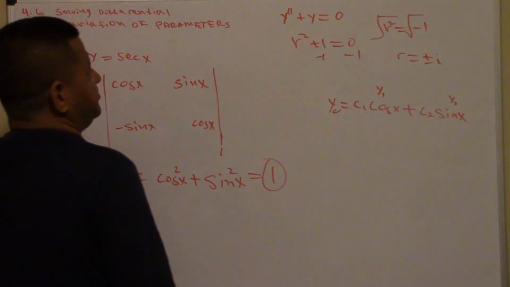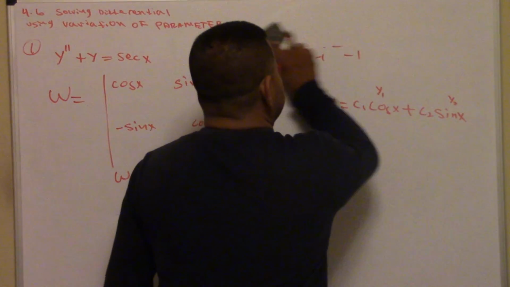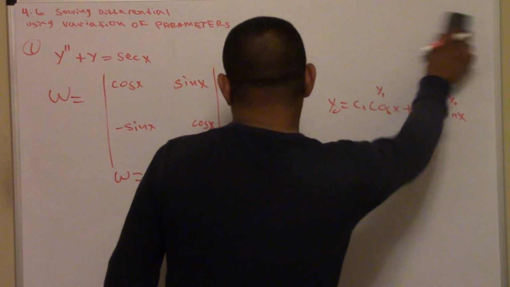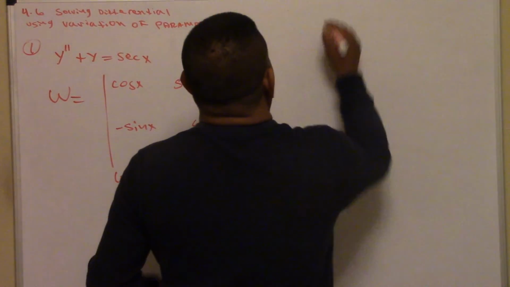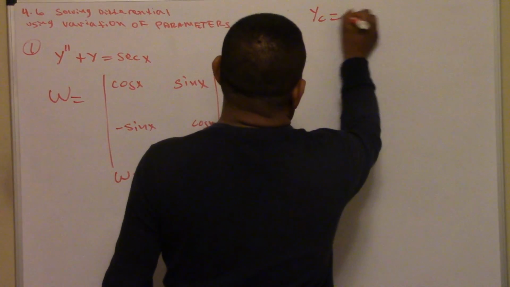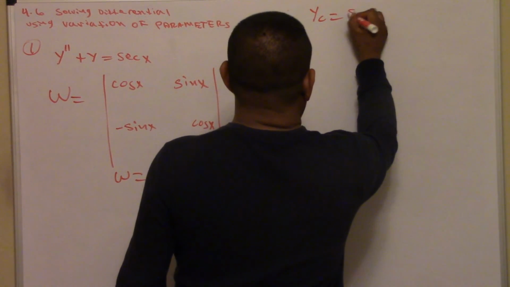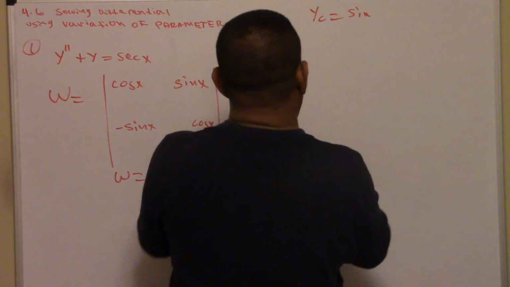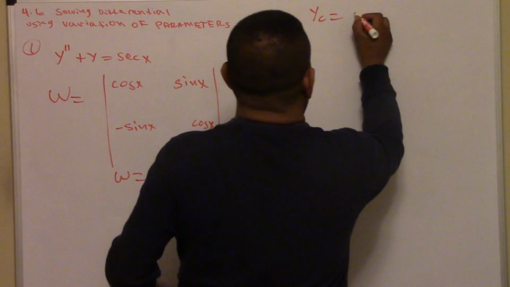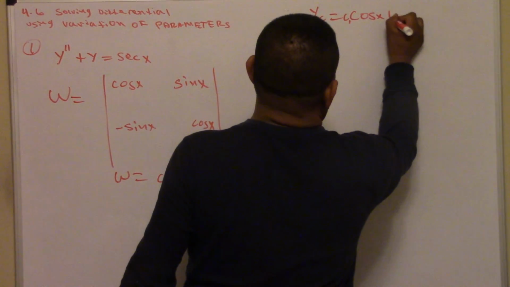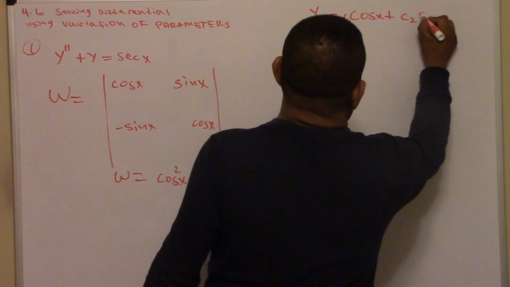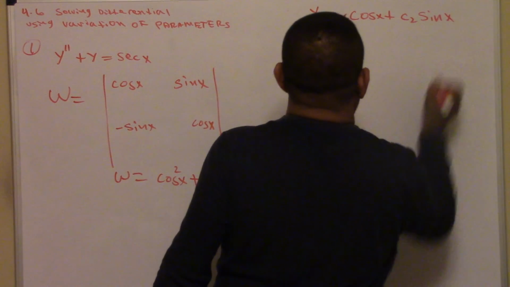Okay, so let me erase this so I can put this stuff over there. I know that y sub c is equal to c1 cosine of x plus c2 sine of x, right?